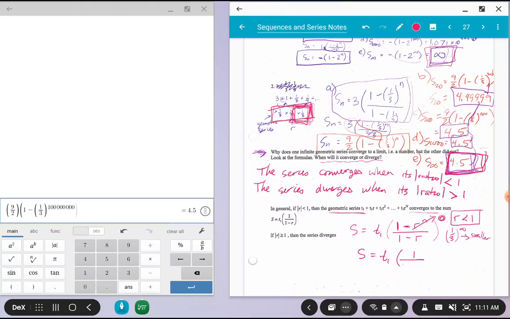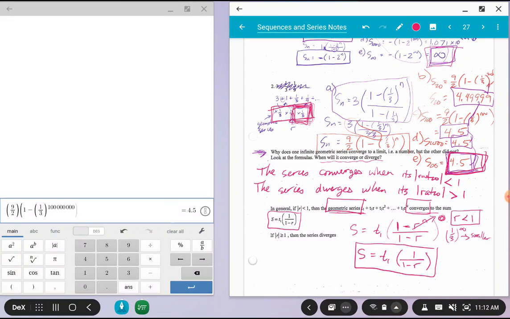It's not even there, over 1 minus r. This is our formula for a geometric series that converges. Okay, that's what happens when r is less than 1.